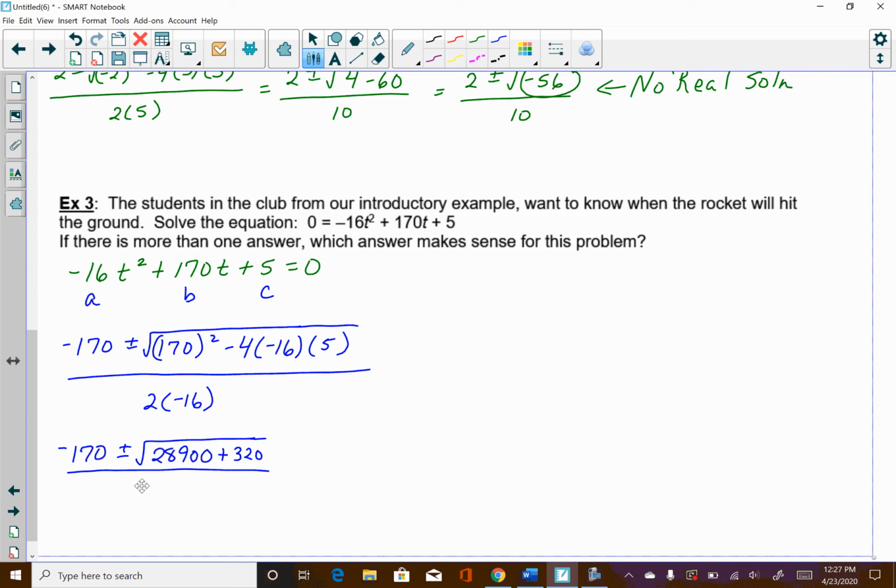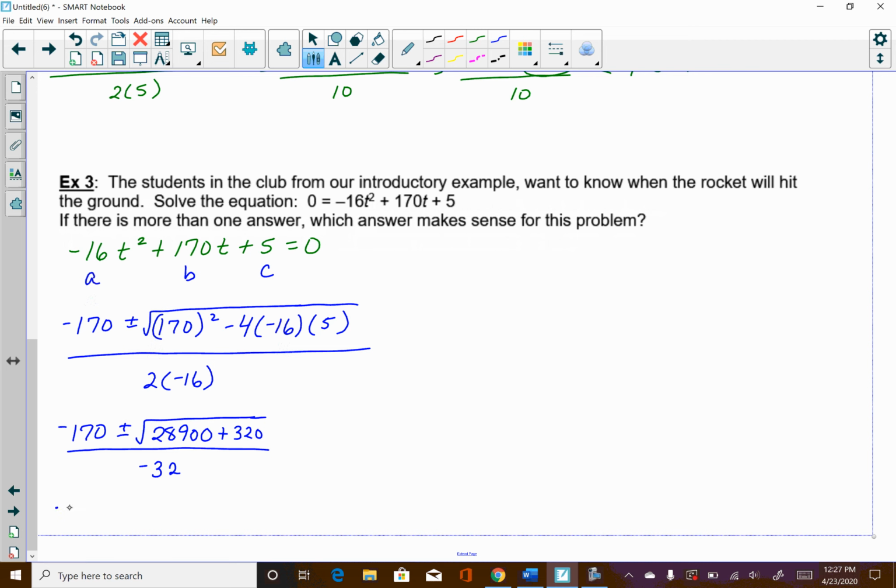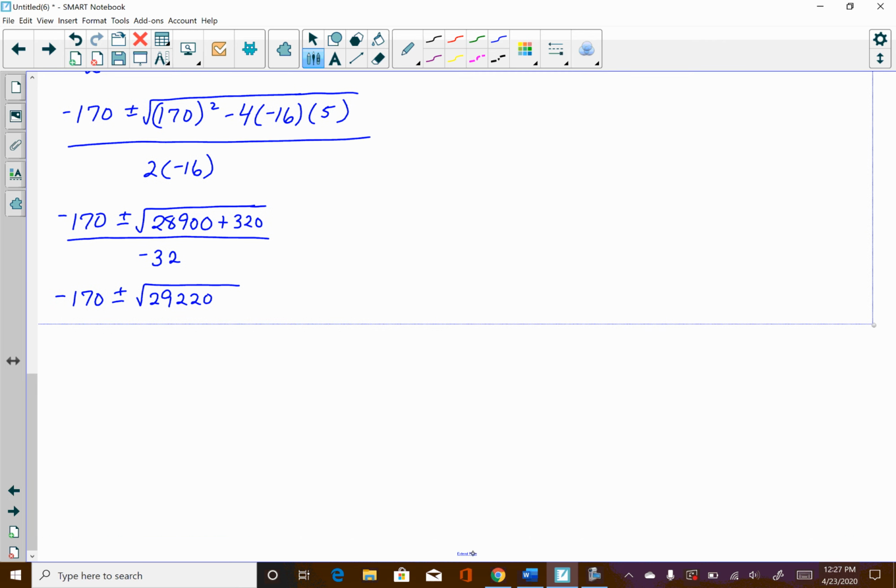All divided by a negative 32. All right, if we clean that up, we get a negative 170 plus or minus the square root of 29,220, divided by negative 32.